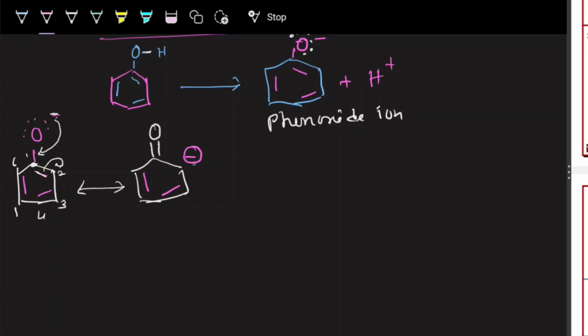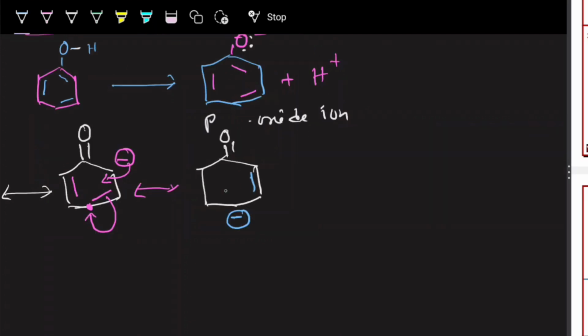Now whenever this electron pair again comes in, the already existing pi bond electrons will come out at this carbon. What is the number of this carbon? Carbon number 4. Then we'll get one more structure, that is O double bond. Here two bonds will be there and this electron pair is here, and this oxygen always carries two lone pairs, and we need not discuss it every time.